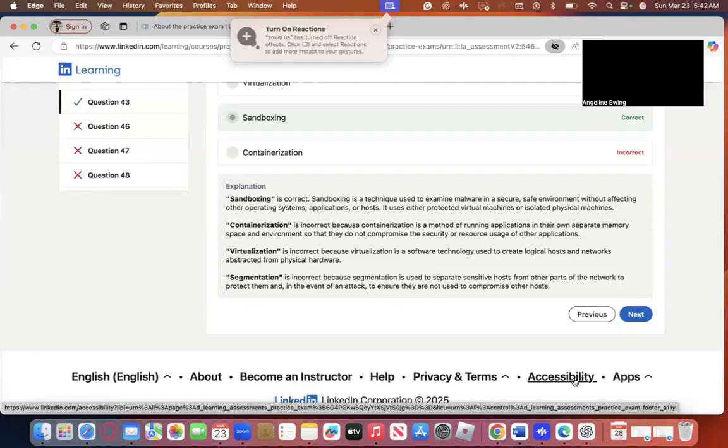Finally, segmentation is also incorrect because segmentation is used to separate sensitive hosts from other parts of the network to protect them and, in the event of an attack, to ensure they are not used to compromise other hosts.